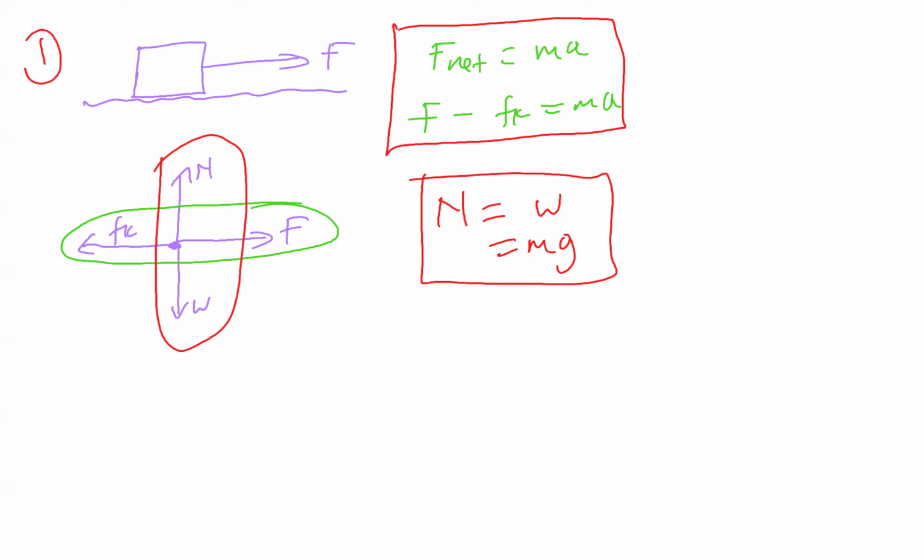Let me show you another one. I want to change the way a force is applied. Suppose a force is now applied. The first equation is the standard formula: Fnet is equal to ma. That is the formula for Newton's second law.